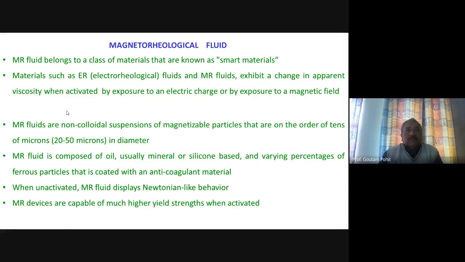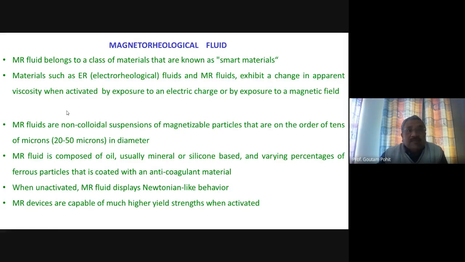Let us know what a magnetorheological fluid is. MR fluid, in short, belongs to a class of materials that are known as smart materials. Another kind of fluid is electrorheological fluid, which is also sometimes used in a semi-active damper.